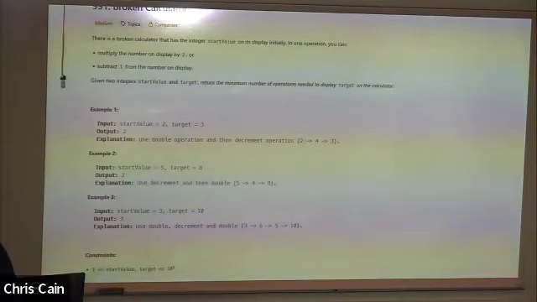If we're more than double the target, we're going to be decrementing so many times to get down to the target that there's no way that's the optimal solution. So that would leave us with, worst case, 2 times the value of target number of nodes in the tree.